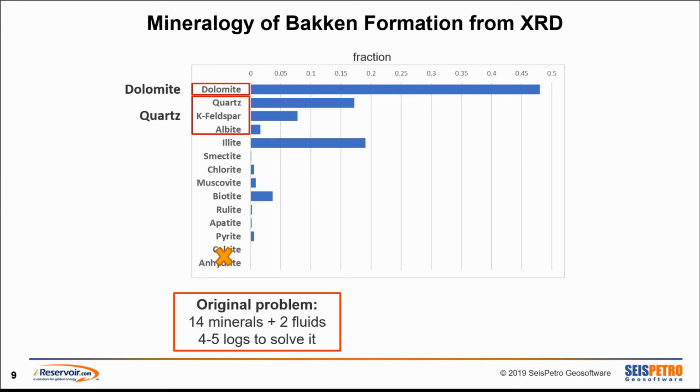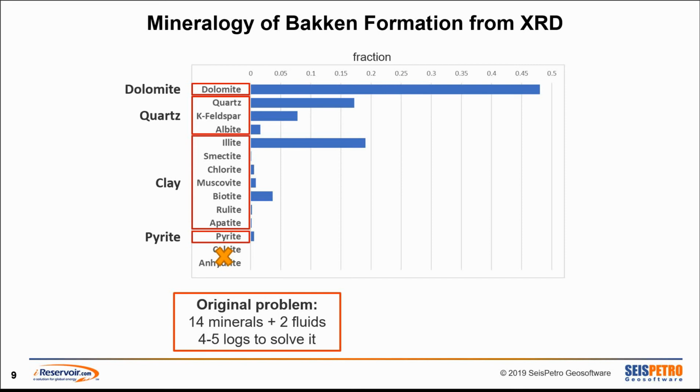So we take the clastics and we create a new class or a new rock that we're still going to call quartz, but we know that this quartz comes from a mix of real quartz, feldspar, and albite. We do the same thing with the clays, and then we lump all the clays into a single rock that we're going to call clay. Finally, in this particular case, we model the pyrite separately.